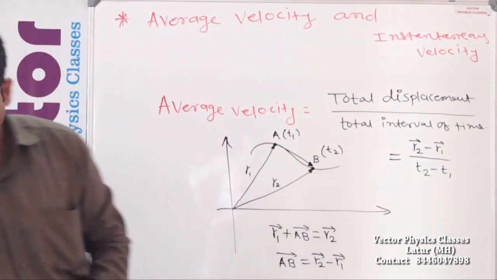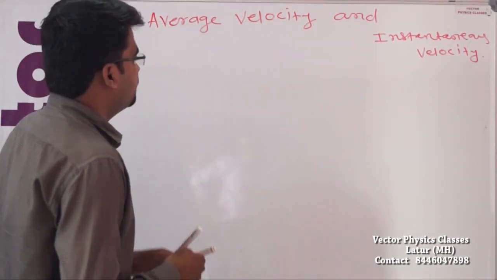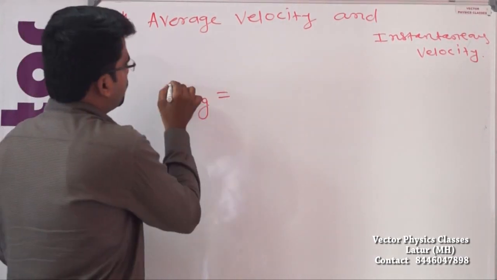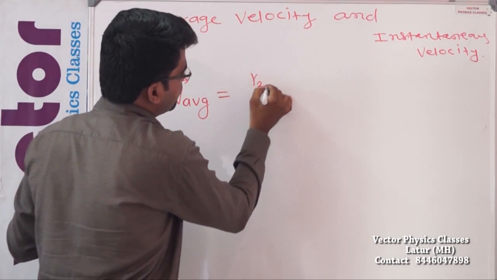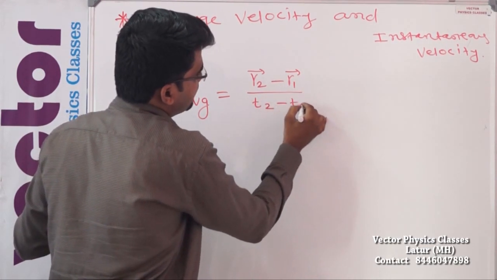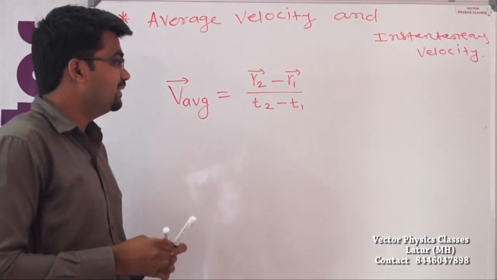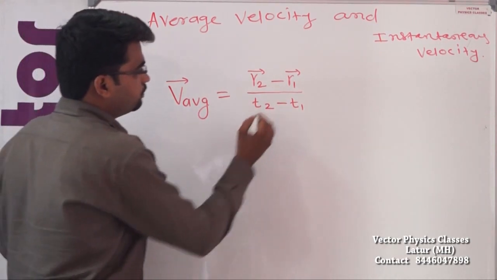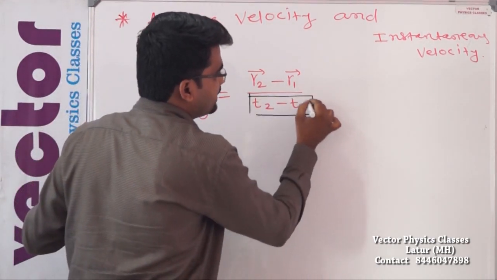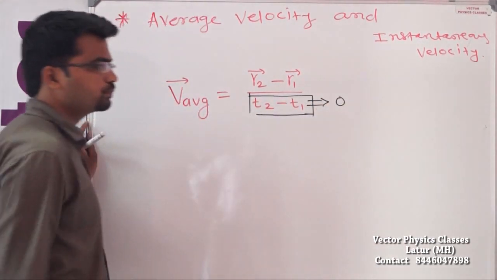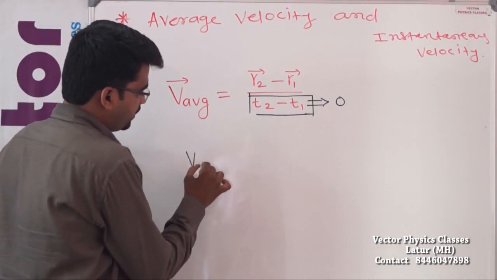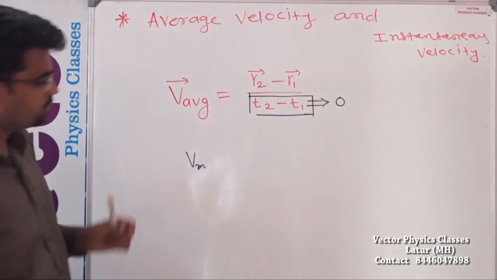So you can write, V average is equal to r2 minus r1 divided by t2 minus t1. This is average. And if this time interval t2 minus t1 is tending towards 0, then this average velocity is converting into the instantaneous velocity.